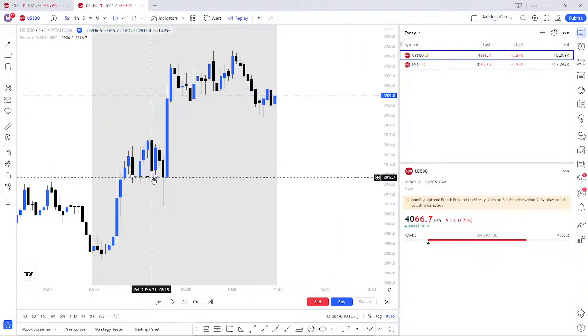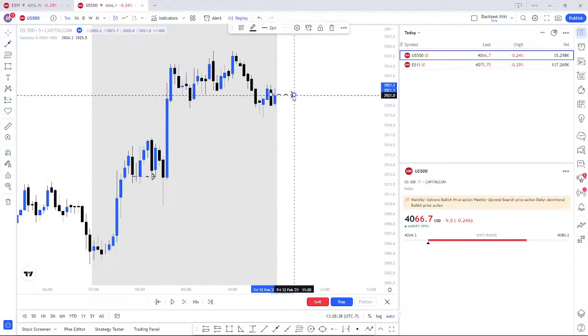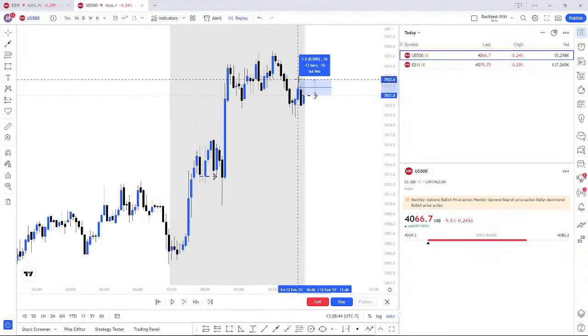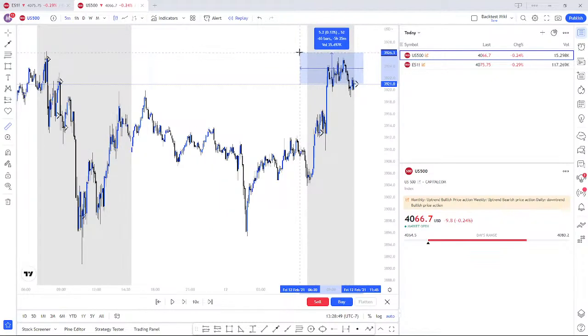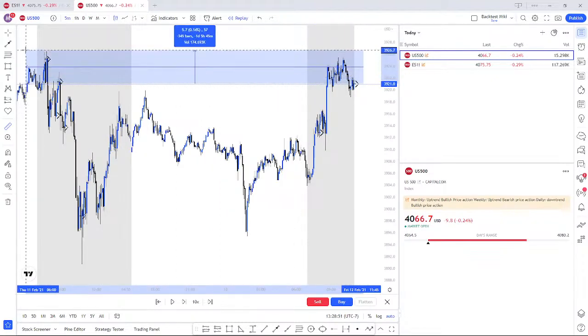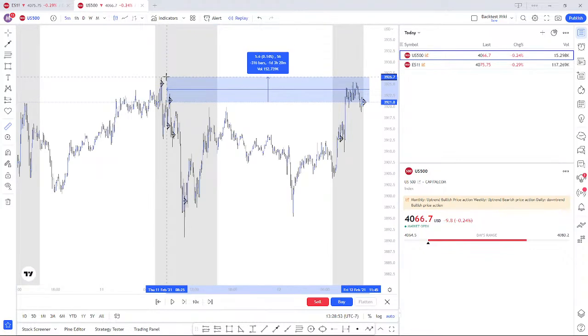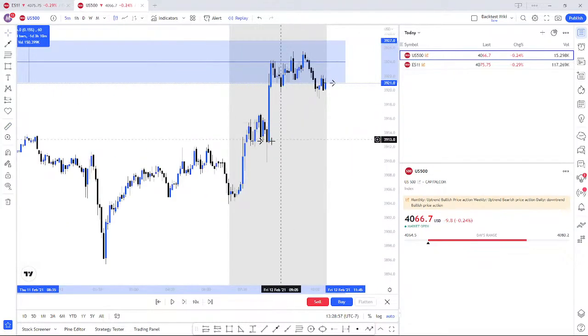All right, I'll take a hedge here. Risking at least 5. So we just risk above that high there. Wow, we just risk 6. Looking for 12. Break even on this long.